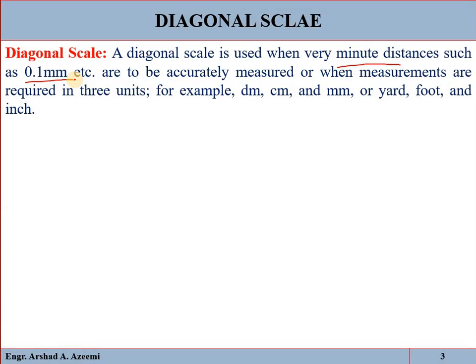Through the diagonal scale we can measure up to 3 units. Remember the difference: with the plain scale we can measure up to 2 units, and with the diagonal scale up to 3 units, for example decimeter, centimeter and millimeter, or yard, foot and inches. That means in one scale we can measure up to 3 units, either in the SI system or the FPS system.